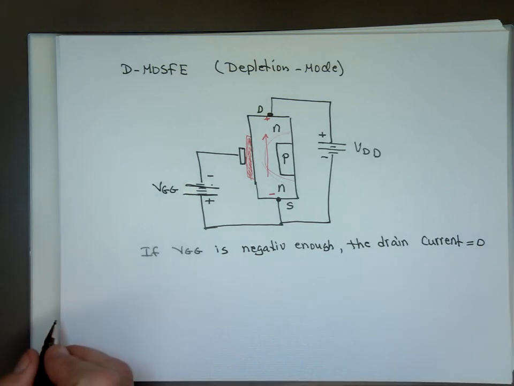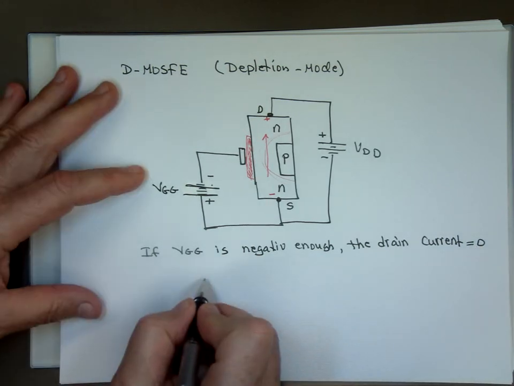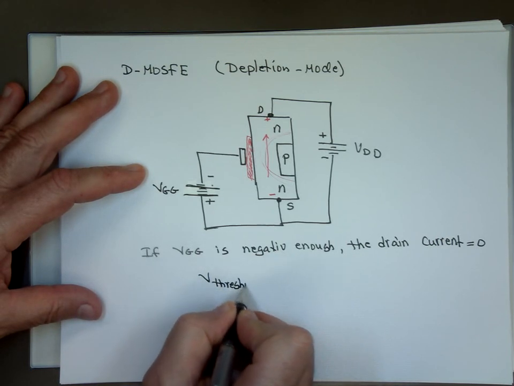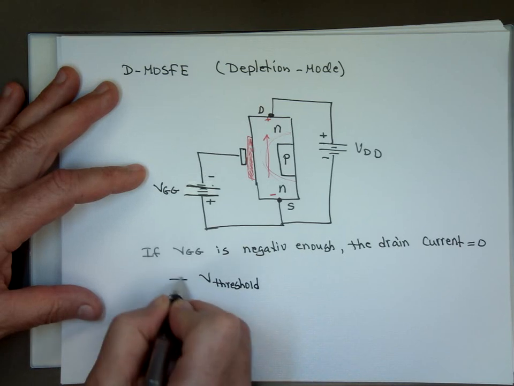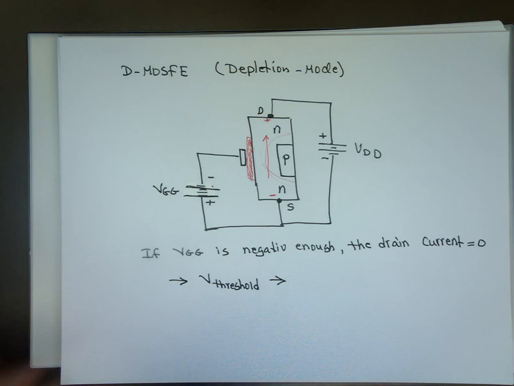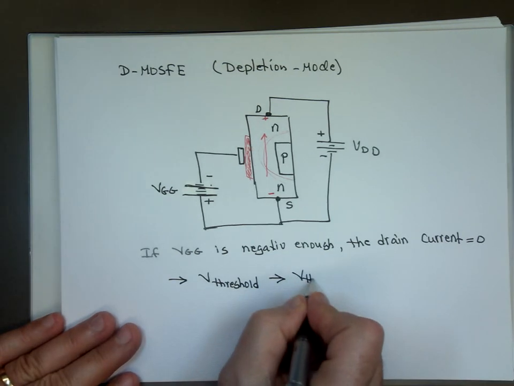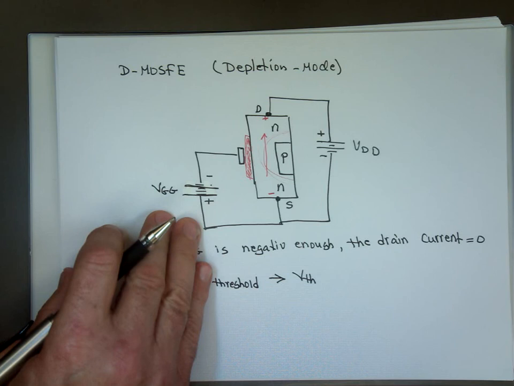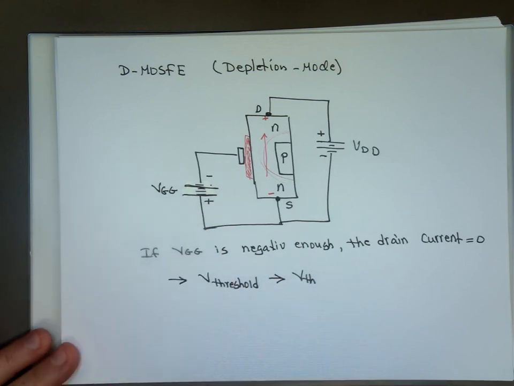And that voltage is called V threshold. Anytime you look at the data sheet for any transistor, that V threshold will be given to you. So VGG may be below V threshold, or negative small enough.